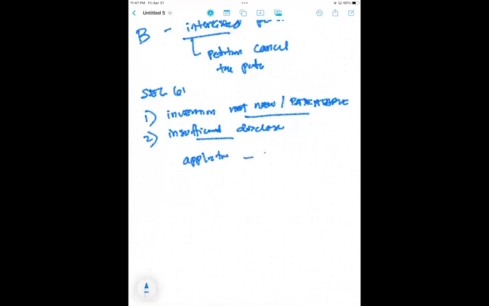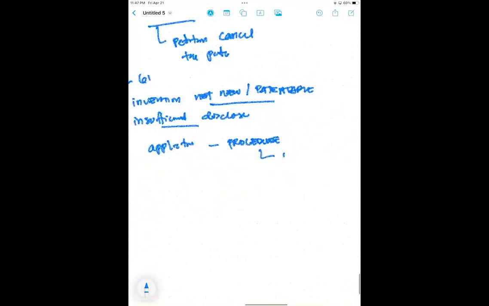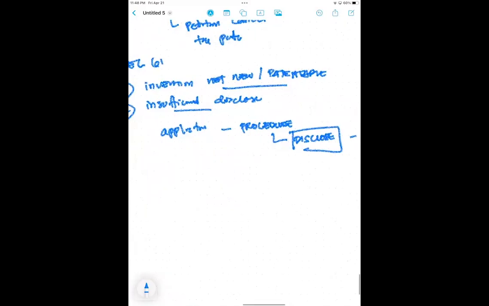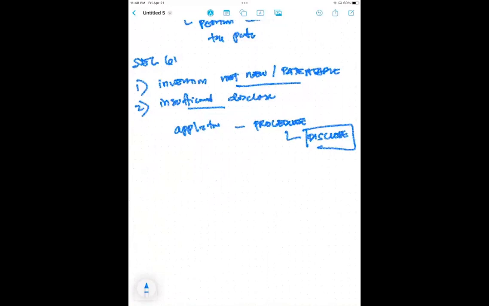This application, meron niyang procedure. And part of the procedure is to disclose the invention. If the disclosure was not sufficient in order for a person skilled in the art to carry out such invention, then pwedeng ipa-cancel.